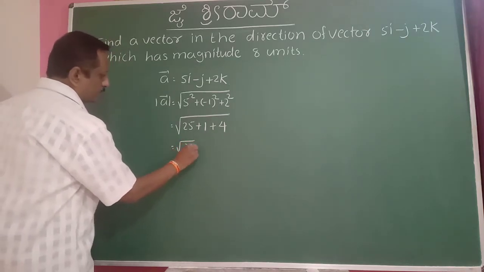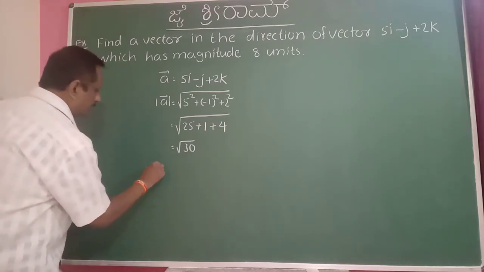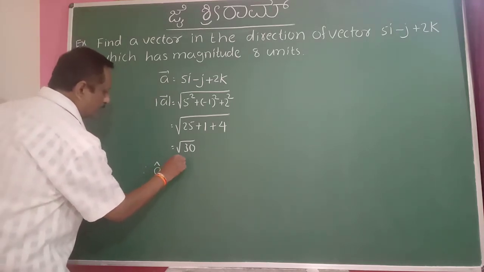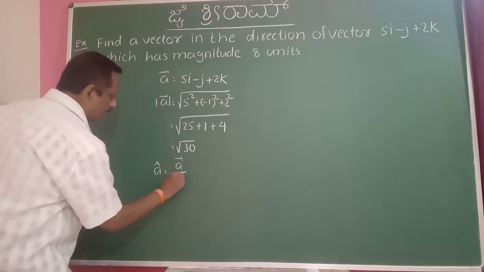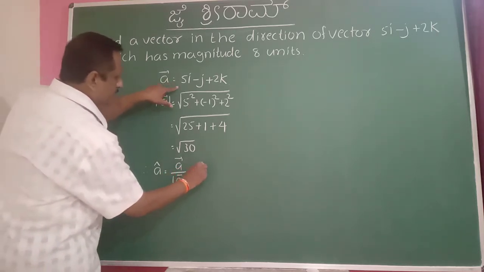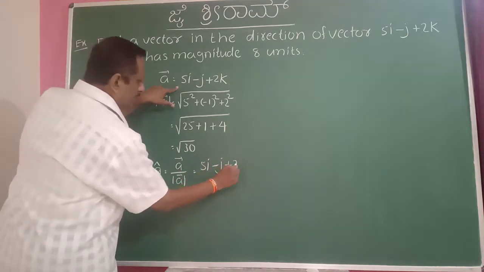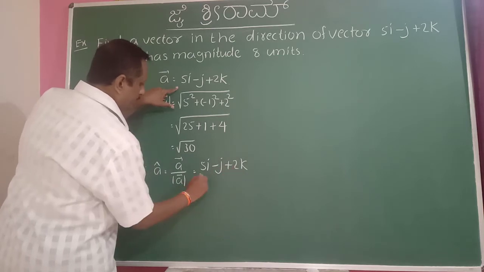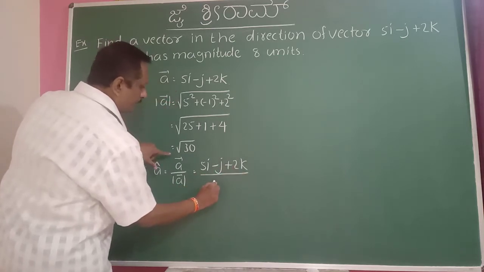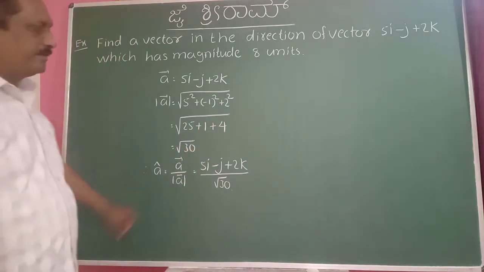So a cap is equal to a bar divided by the modulus of a bar, which is 5i minus j plus 2k divided by root of 30. This is a unit vector.